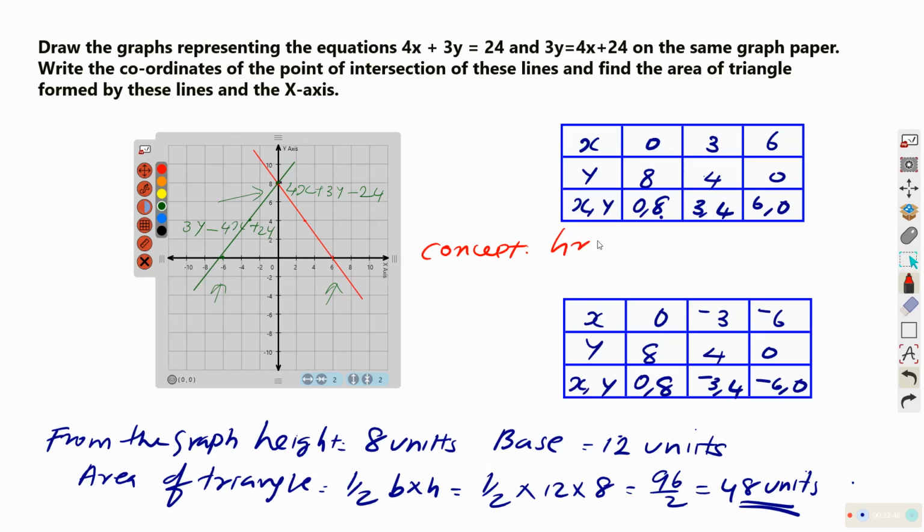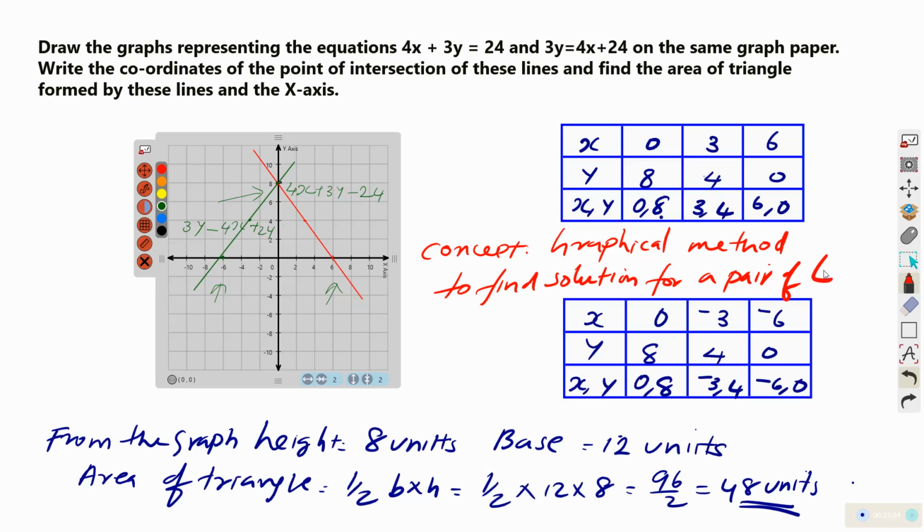It is regarding the graphical method of solving linear equations in two variables. To find the solution of a pair of linear equations, we could find out the solution graphically. Okay, that concept is applied here.